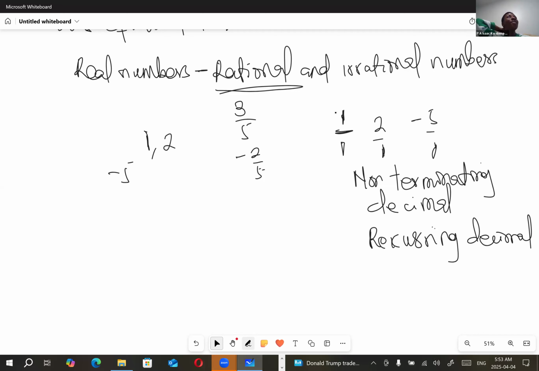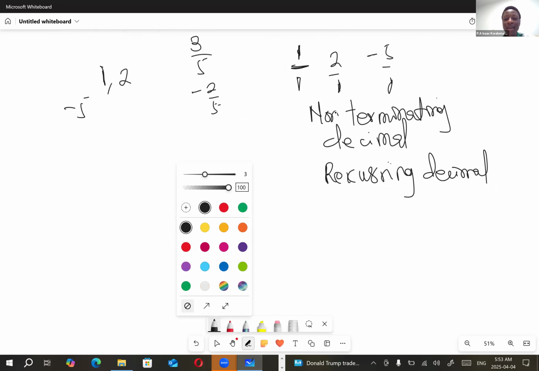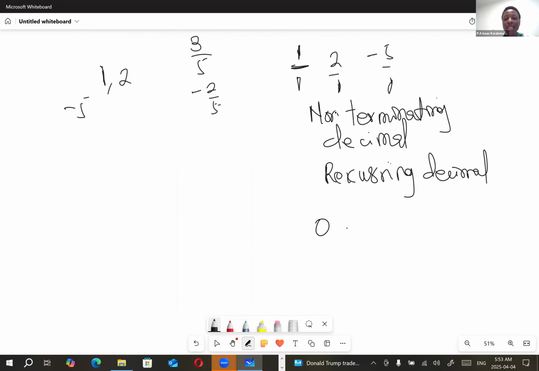Or sometimes it does this. Watch. Sometimes this is what you normally will see on some calculators: 0.333, you get that 333, then it would put a line on top like this. It means it goes on 3333 like that. Non-terminating.